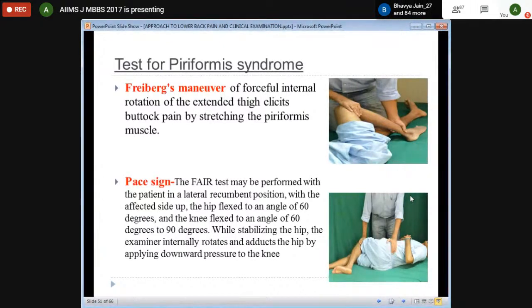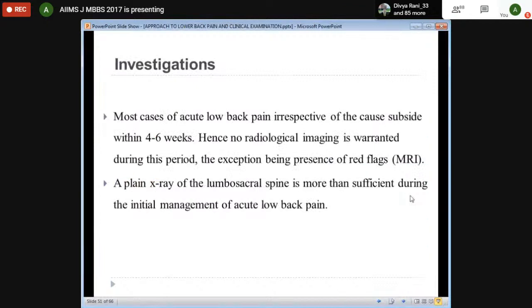So there you can see the examiner has two hands: one hand on the hip and the other hand on the knee. Stabilize the hip with one hand, and the other hand will internally rotate and adduct the hip with a downward thrust. That will again test for piriformis syndrome.